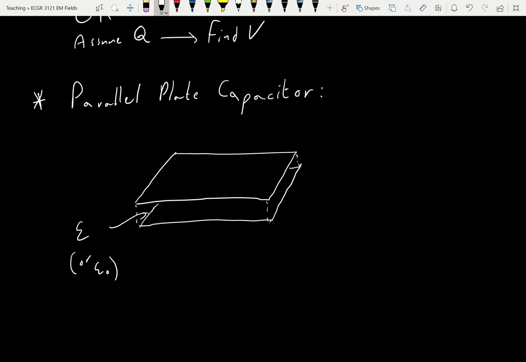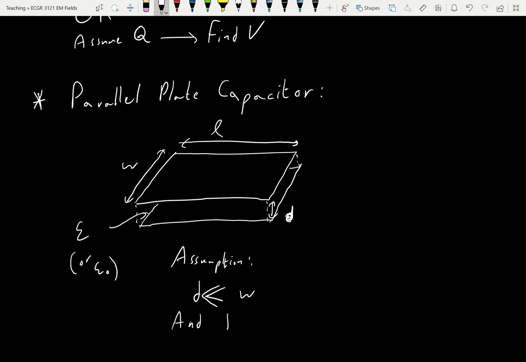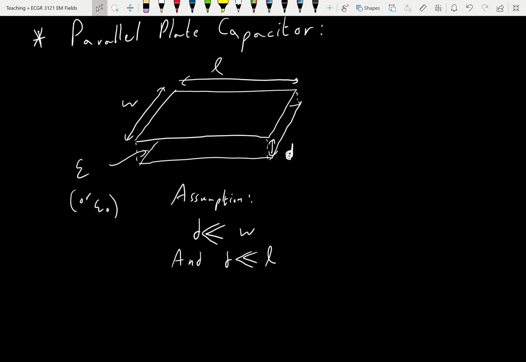It doesn't matter. So the plate has a width and a length and a separation. D is the separation between the plates. The assumption with the parallel plate capacitor is that D is much smaller than W and D is much smaller than L. This allows us to use the approximation of the infinite plane.